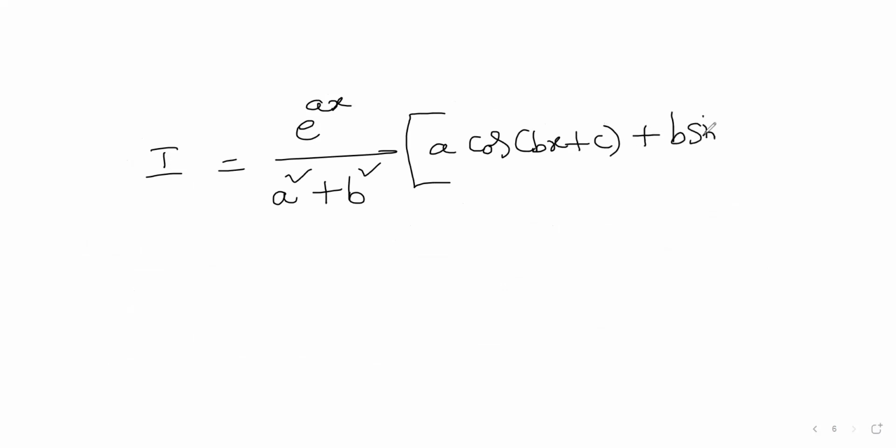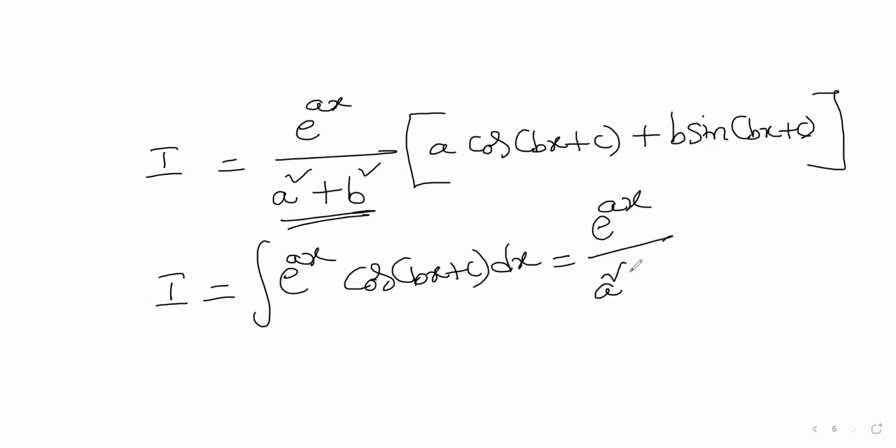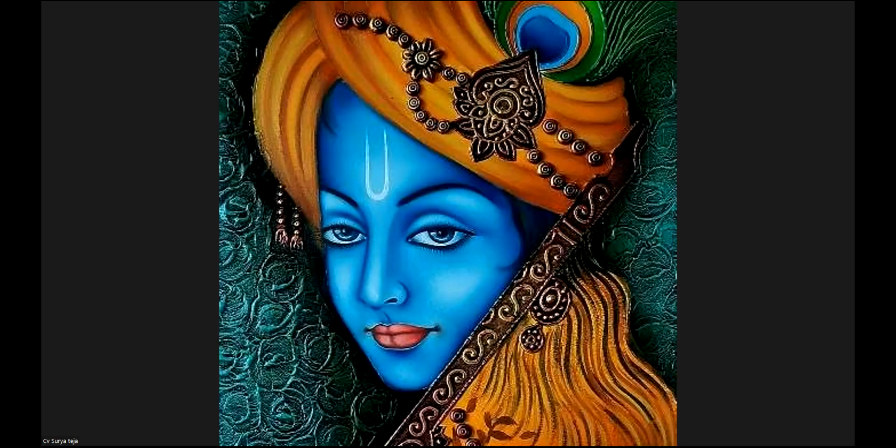What is this integral I? I is the integral of e power ax cos bx plus c dx. This is what you started with, and you have ended up like this. So the formula is e power ax divided by a square plus b square into a cos bx plus c plus b sine bx plus c.